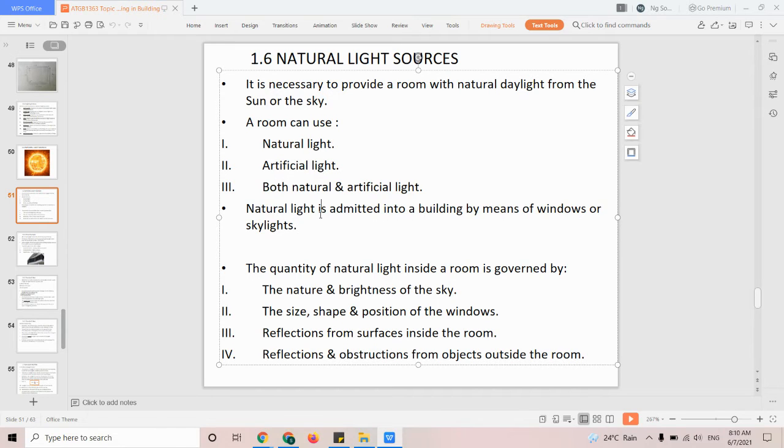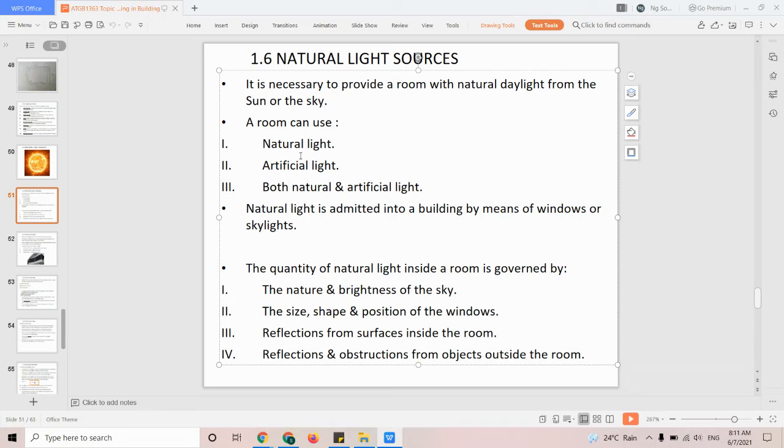In the case of commercial buildings, because the building is very, very big, natural sunlight cannot reach all the way into the building, so we have to supplement it with artificial lighting. So when comparing normal residential and commercial buildings, there's a difference between their design.